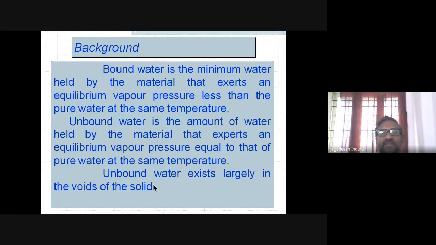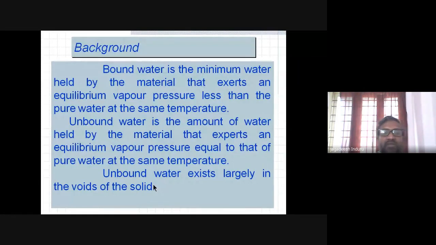When it is present in the bound form, then what will happen? Its atmospheric pressure will be lesser because it is bound by the solid. When it is bound by the solid, the attractive force between the solid and the water makes the pressure produced by the water less than when it is kept in the pure form.